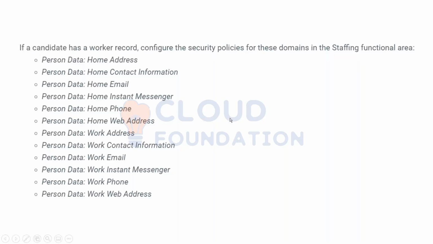Okay, so these domains are for those candidates who have some worker history. Okay, for example, either they were part of the organization and they moved to some other organization and again they are coming back, or if they are applying internally within an organization, then they will have a worker record, right? So for those kind of candidates, these domains are present who have worker record as well.